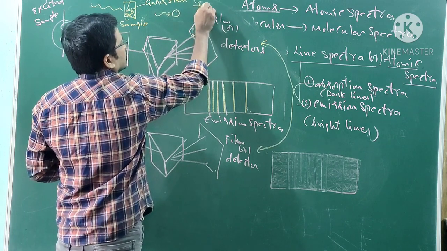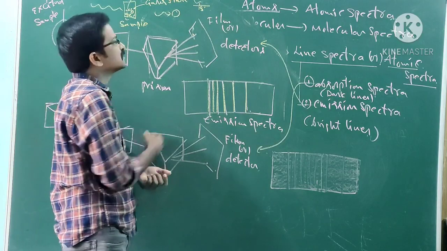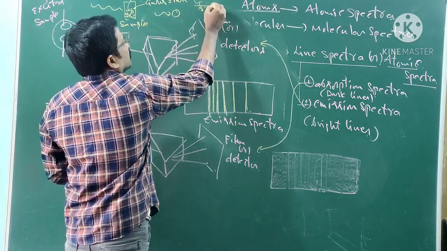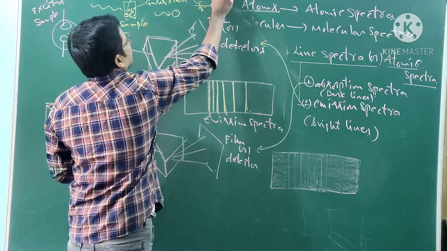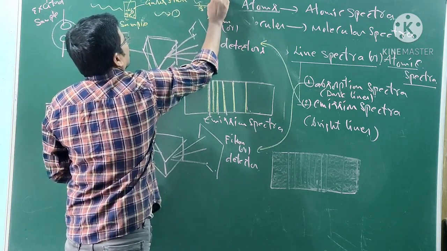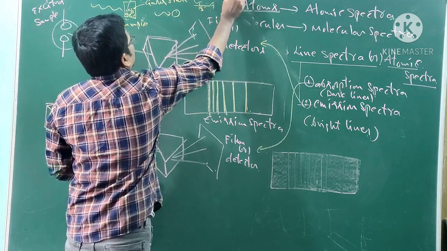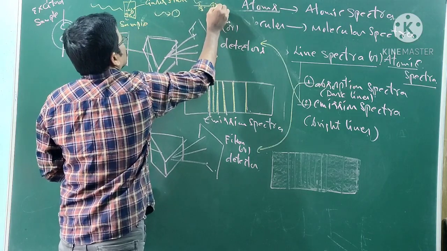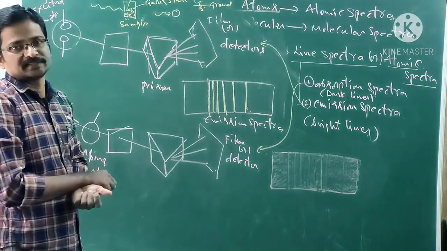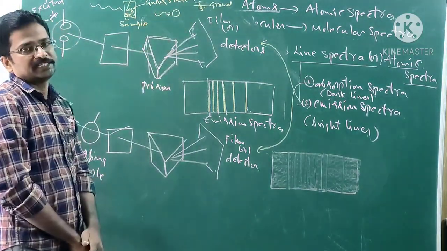For example, it is in the 1s state, and it can go to a higher state. Like this, an electron goes from the lower energy or ground state to the excited state.